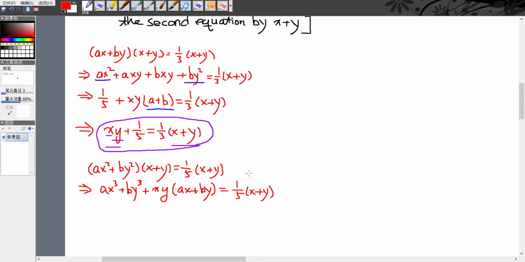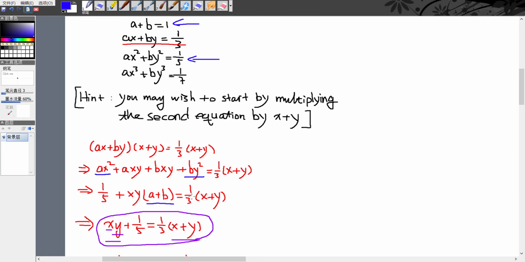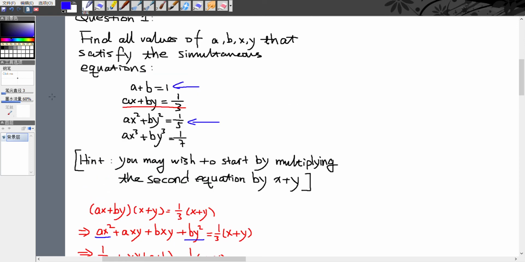Here we notice that likewise the result of this term and this term can be simplified into fractions given in the above simultaneous equations.